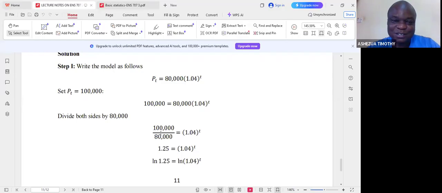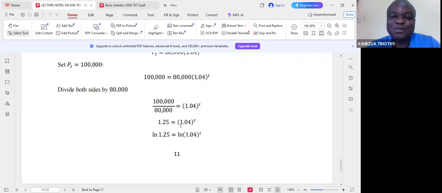You'll be left with 10 all over 8. 2 there, 4, 2 there, 5. So 5 all over 4, or if you want to say 10 divided by 8, that will give us 1.25 equal to 1.04 raised to the power t.